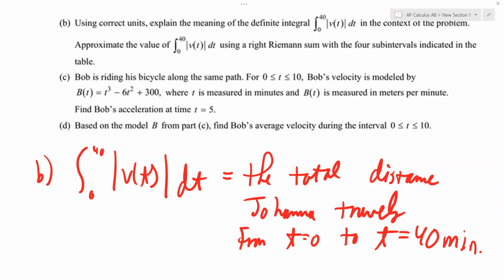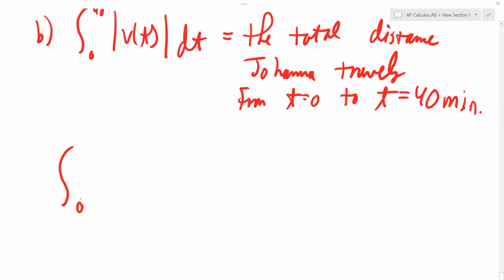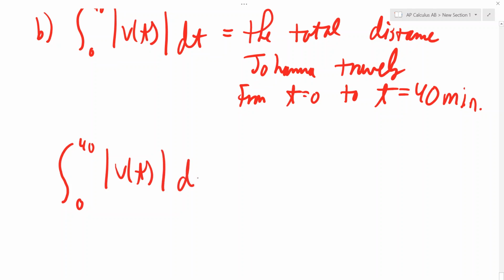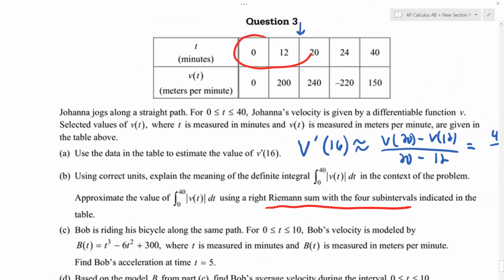And then we find it by doing a right Riemann sum, because that's what it says, with 4 intervals. So we're going to say the integral from 0 to 40 of the absolute value of v of t dt is approximately equal to, and we have 4 rectangles, which means they're all base times height. Our first rectangle has a base of 12 and a height of 200. Sound good?